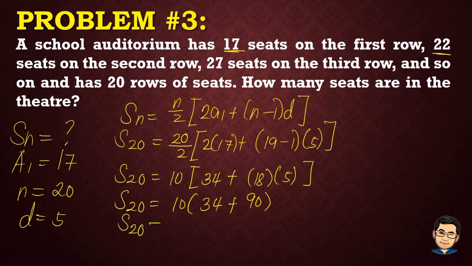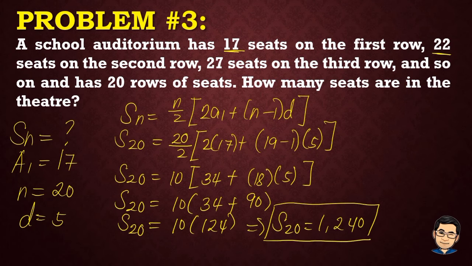So S sub 20 is equal to 10 times the sum of 34 and 90, that is 124. Finally, we multiply 10 by 124. So S sub 20 is equal to 1,240. Ito po yung total number of seats in the theater.